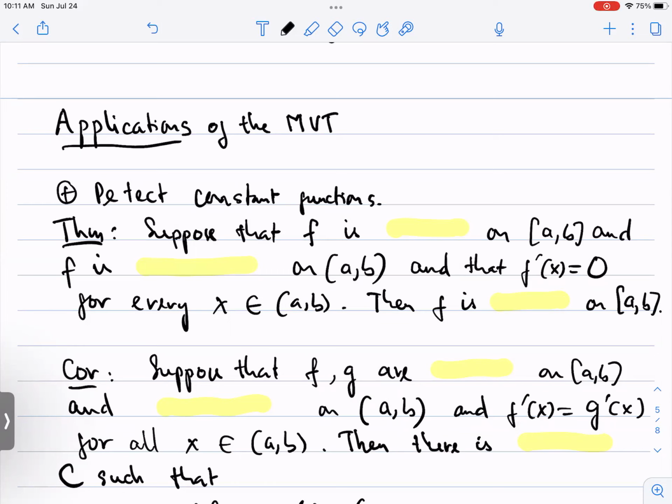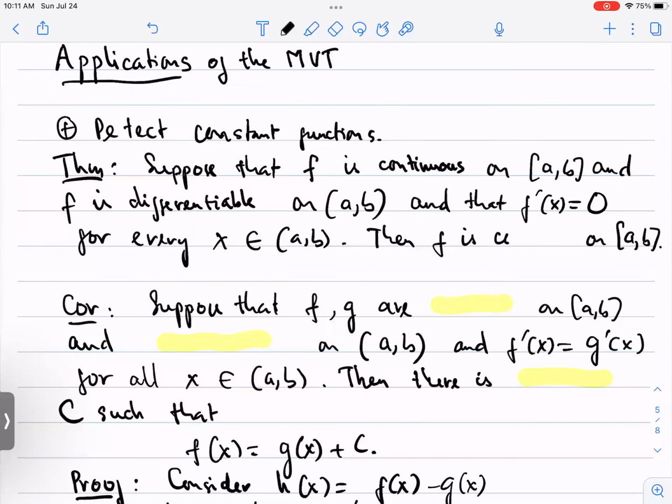Suppose that f is continuous on the closed interval from a to b, and f is differentiable on the open interval from a to b, and that f prime of x equals 0 for every x inside the interval, then f is constant on the whole interval.